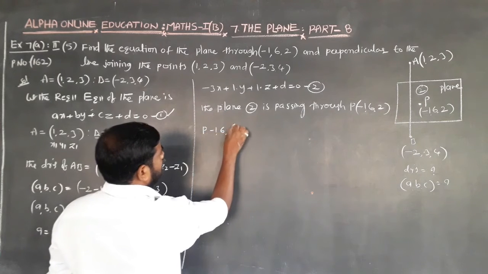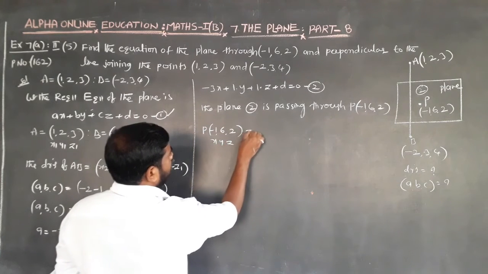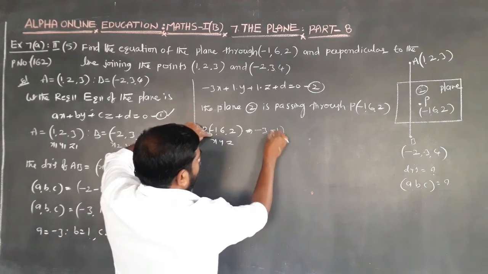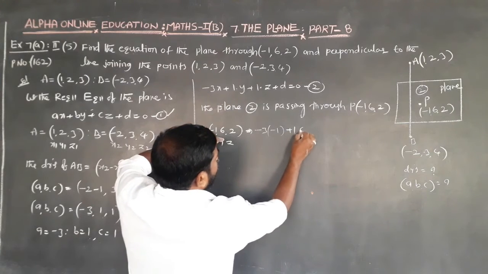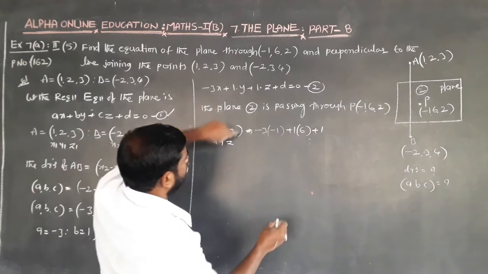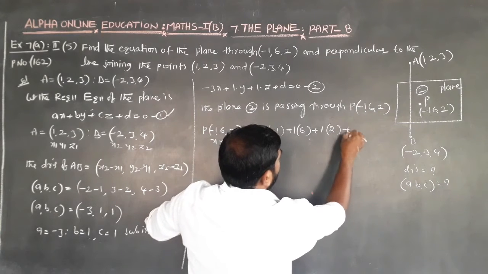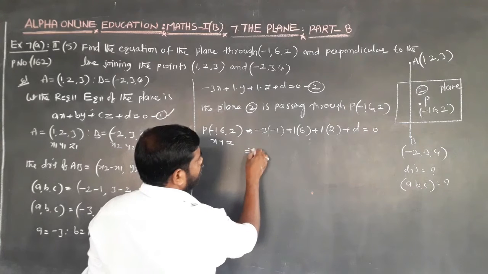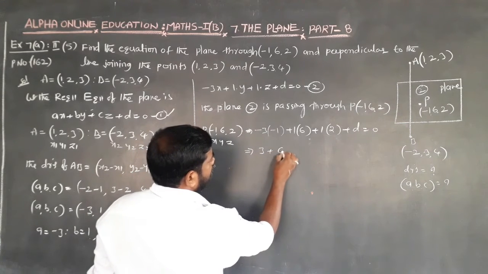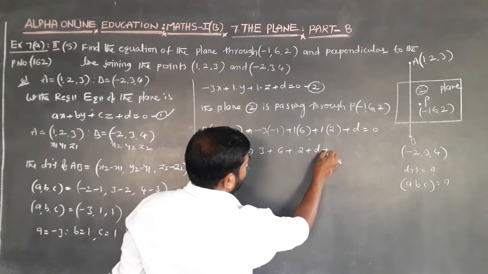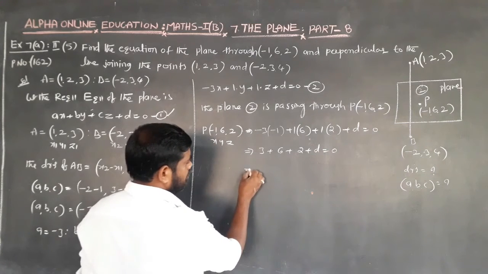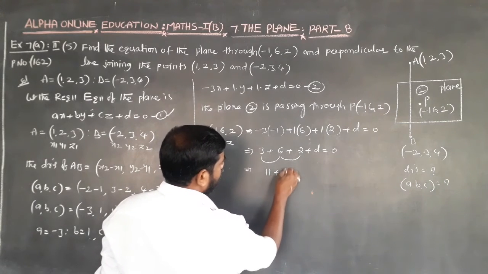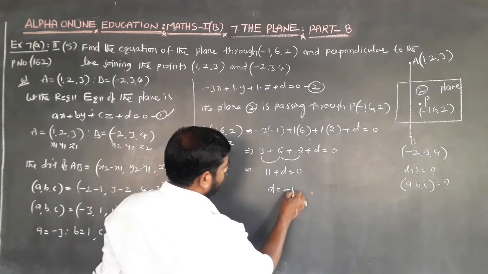Substitute P (-1, 6, 2) in the plane: -3 times (-1) plus 1 times 6 plus 1 times 2 plus d equal to 0. Minus into minus plus: 3, plus 6 is 9, plus 2 is 11, 11 plus d equal to 0.